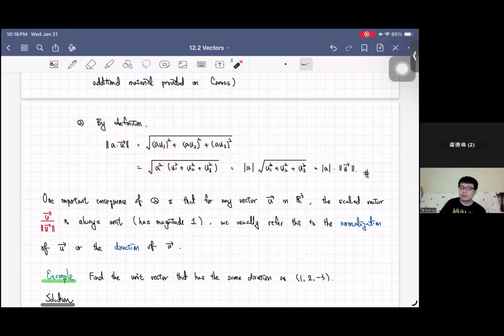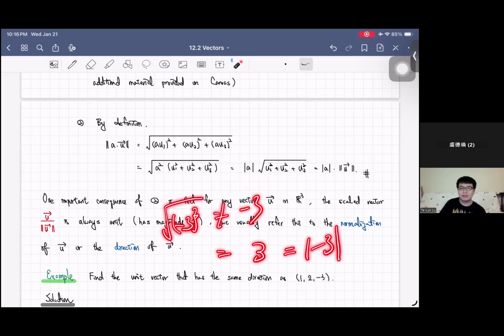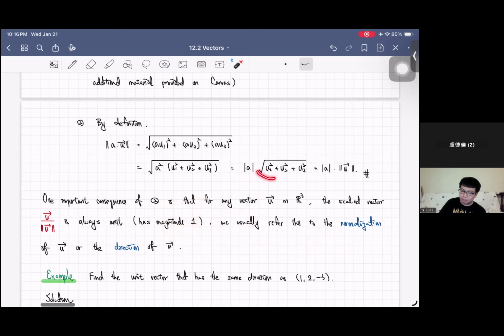Be careful, the square root of a squared is not a, it's the absolute value of a. For instance, the square root of minus 3 squared is not minus 3, but 3, which is the absolute value of minus 3, right? And then by definition, that is the length of u. So you get the length of a scaled vector is simply the length of the vector scaled by the same constant a.